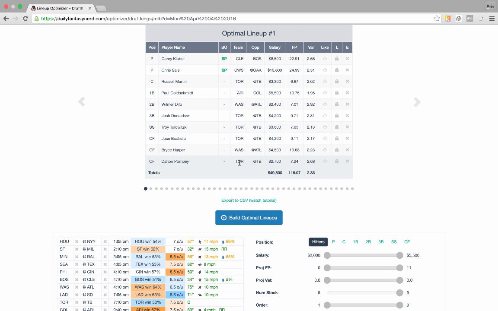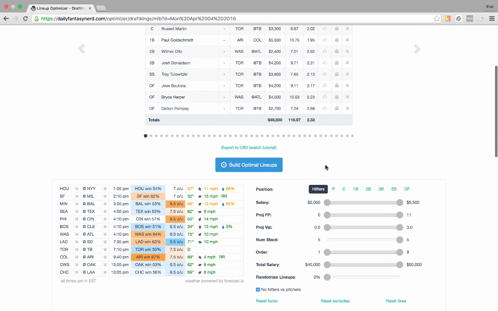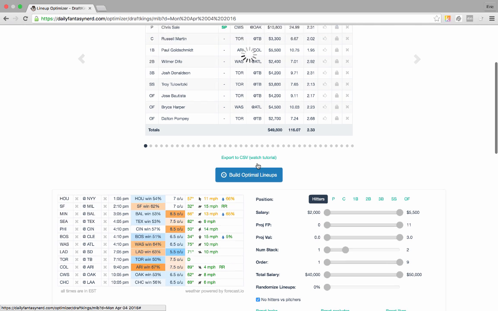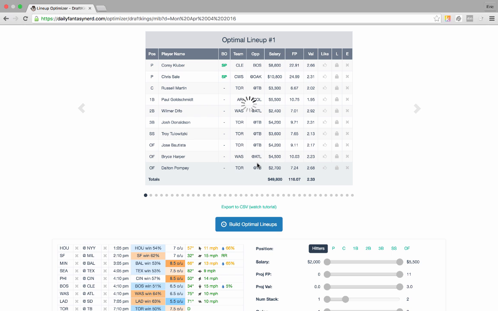You'll see now that Toronto has 5 hitters included in this starting lineup. And so this creates a lot more of a GPP lineup as a result. Likewise, the original lineup had 3 stacks, so we could change this to a 2 stack if we don't want cash games to be affected. So now you only have 2 Toronto players here.